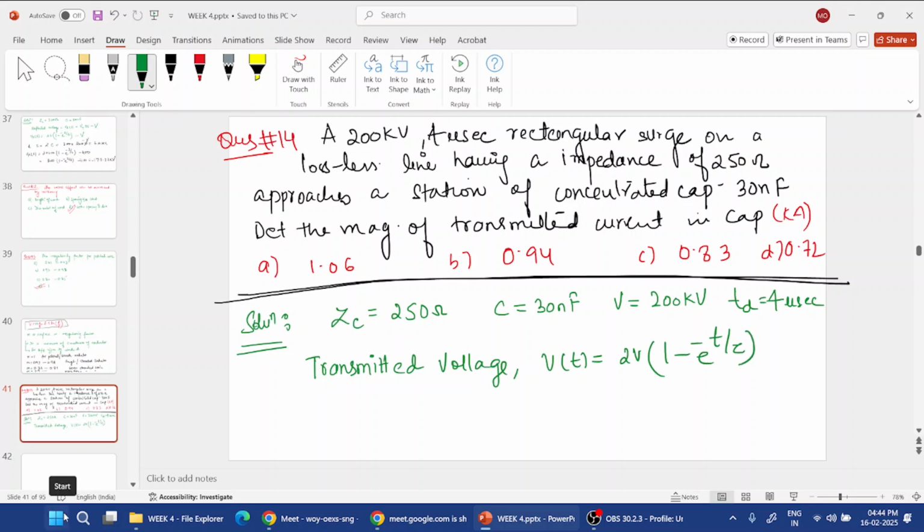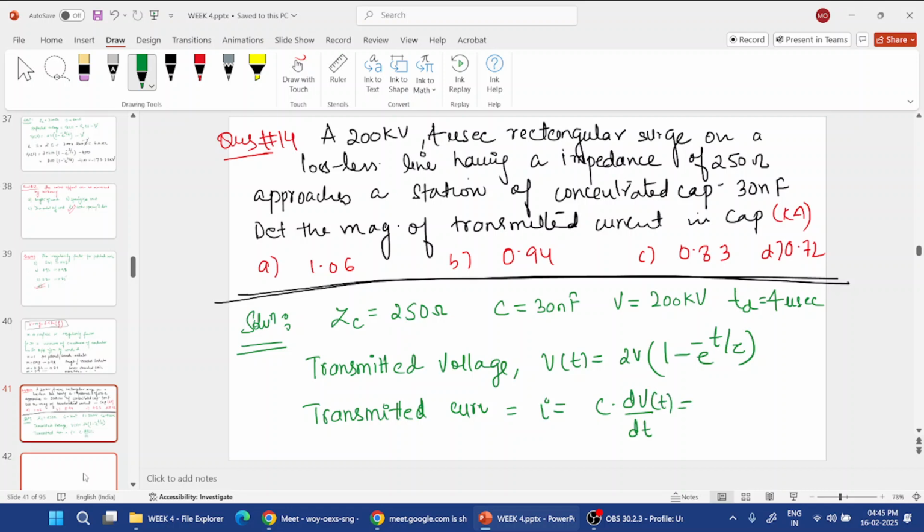The current which will be transmitted into the capacitor, the transmitted current, will be i = C dVc/dt.